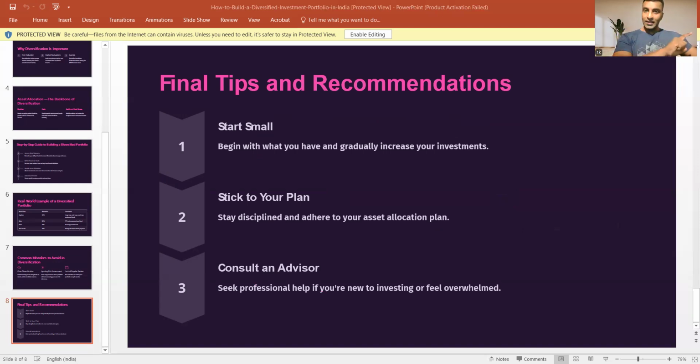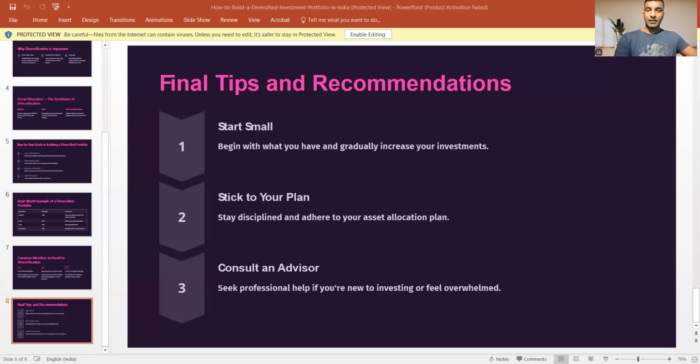If you missed yesterday, which was the best time, the second best opportunity that you have is today. At least 1,000 rupees, start an SIP or invest in some equity, right? Do that. Okay, so you don't need a large amount for this. You can start with 1,000 rupees also. Start with what you have and gradually increase your investments.